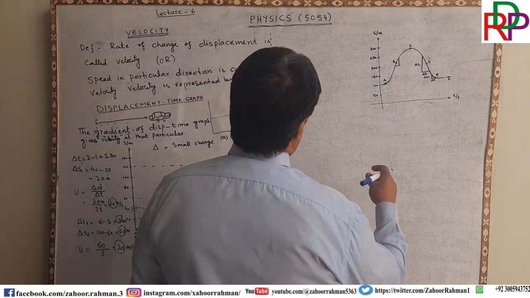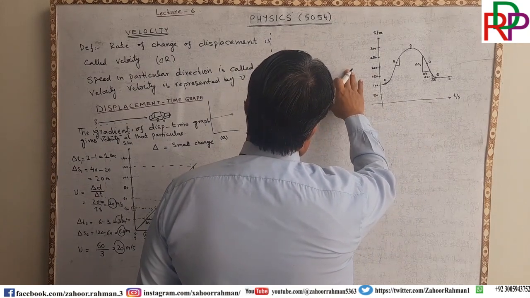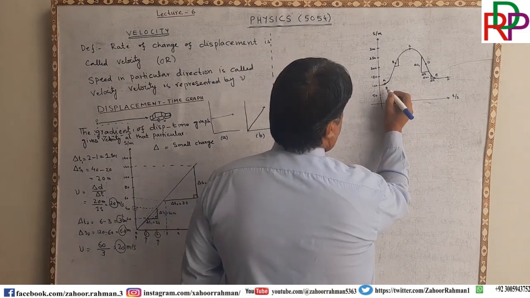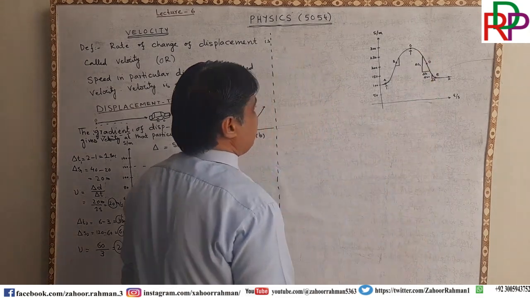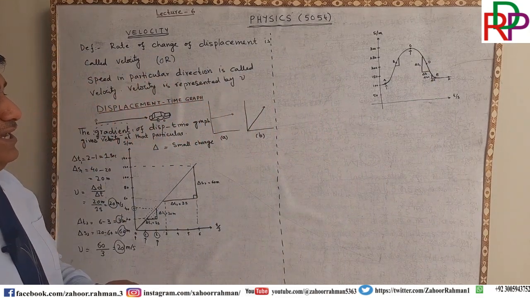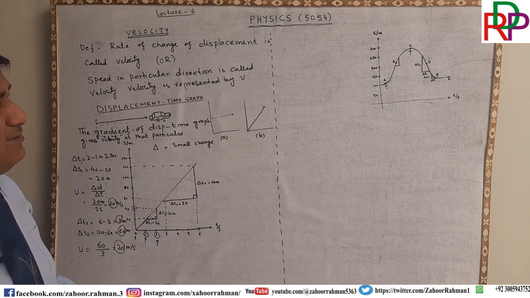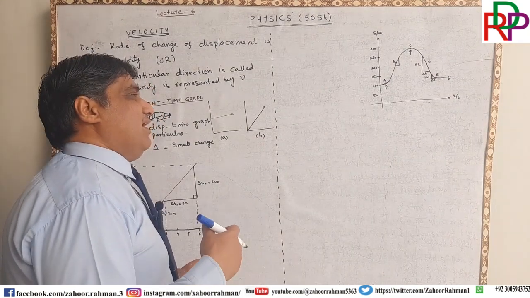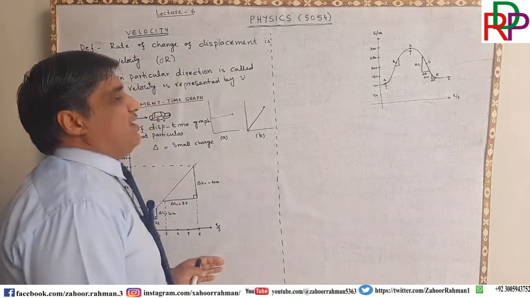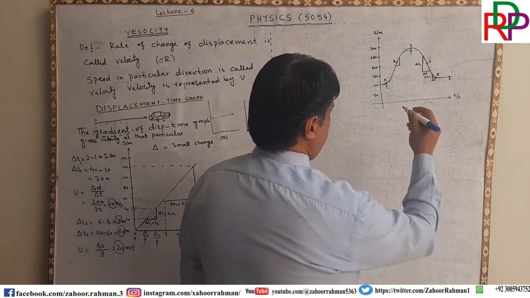But if we are studying this type of graph, then at A and at C, we are saying that the body is stationary, the body is still, the body is not moving, neither in the right direction nor in the downward direction.